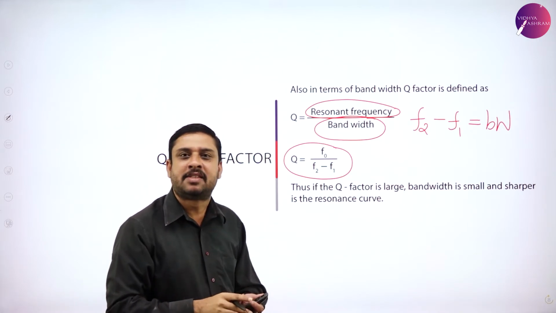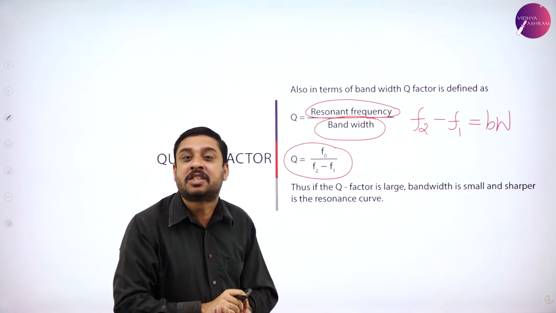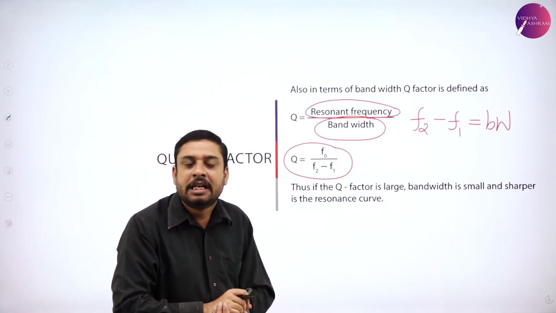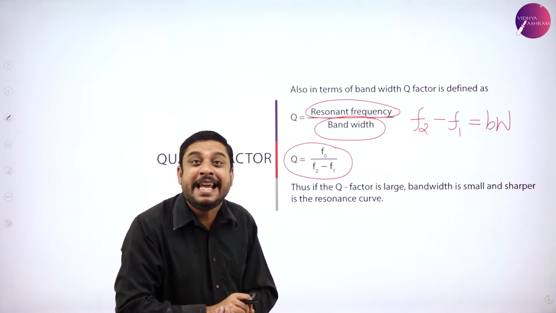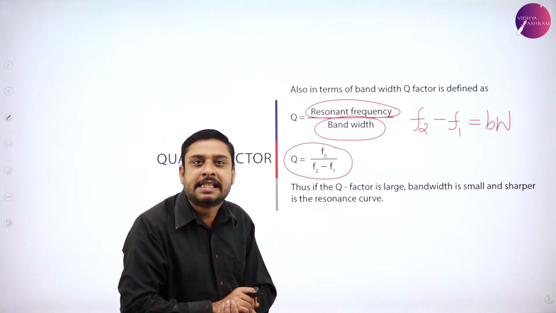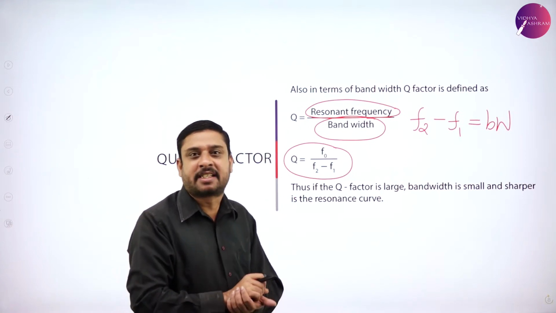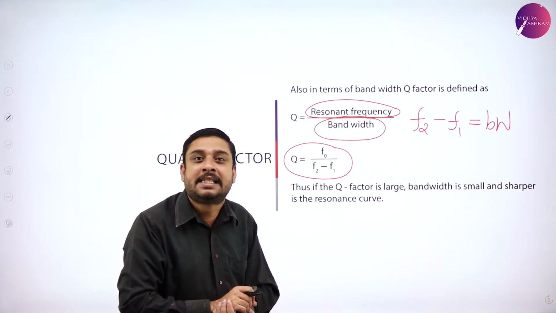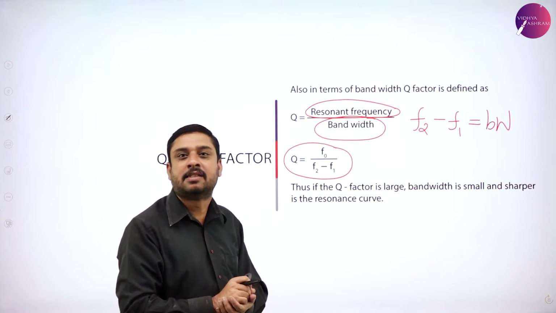My dear students, there was a 1-mark question asked: how does the sharpness of a resonance curve increase, or how does the quality factor of a series resonant circuit increase?